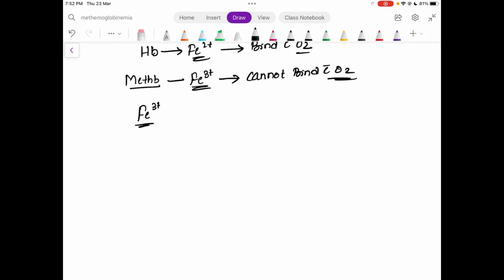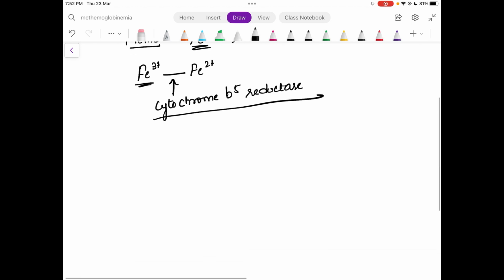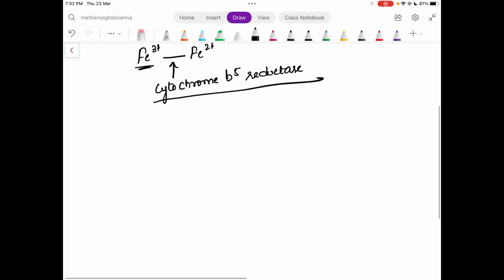So this conversion to Fe3+ can be reverted back to Fe2+ with the help of an enzyme called cytochrome B5 reductase. This cytochrome B5 reductase can use two reducing equivalents. One is NADH and one more is NADPH.